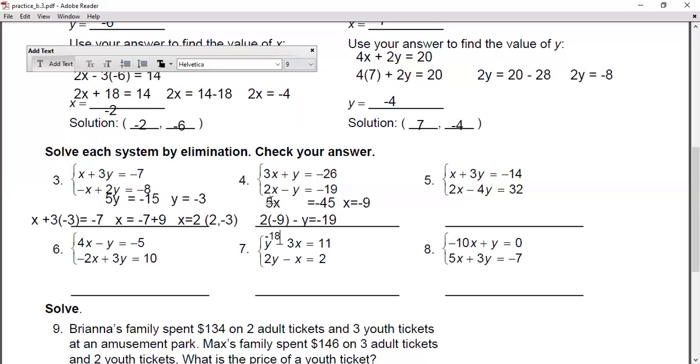I will directly go to y, I think that's better. Negative y is going to be equal to negative 19 plus 18, because 2 multiplied by negative 9 is negative 18. So negative 18, when it moves to the other side, will become positive 18, right? So negative y is going to be equal to, how much is 19 plus 18?